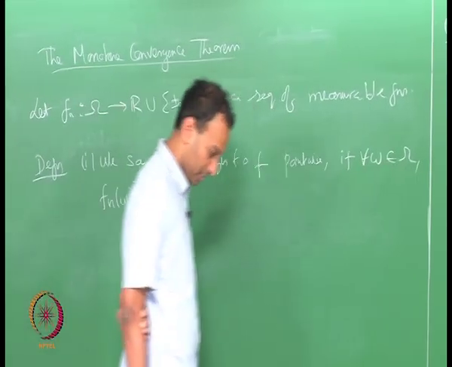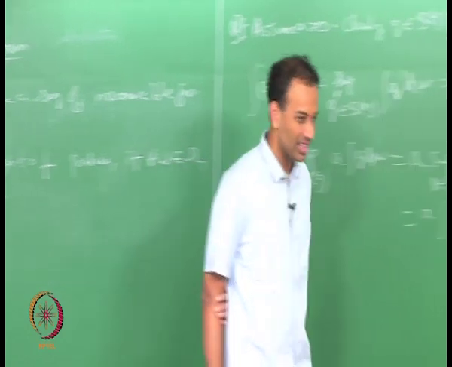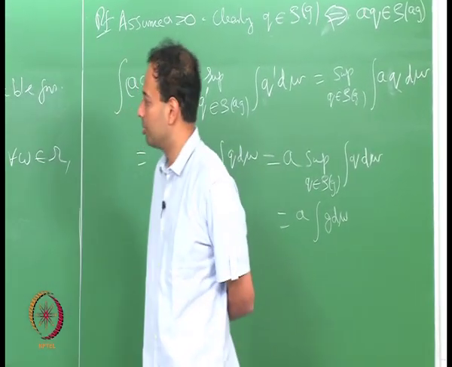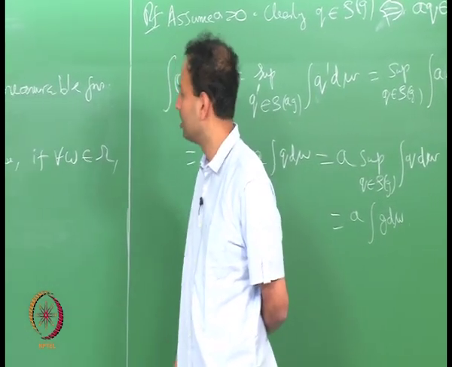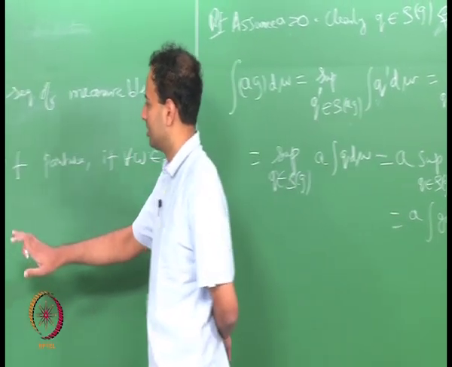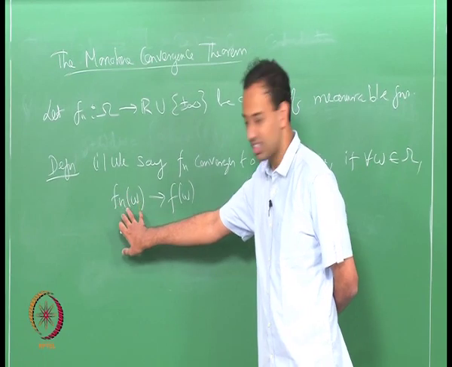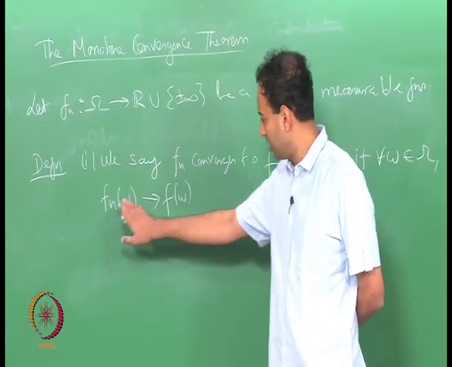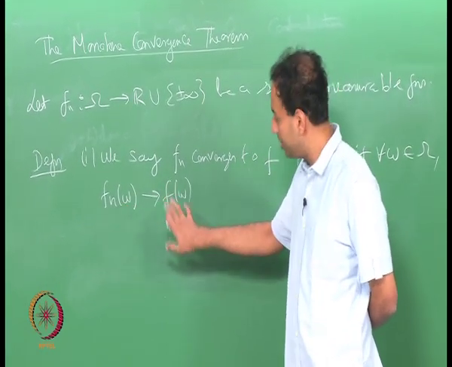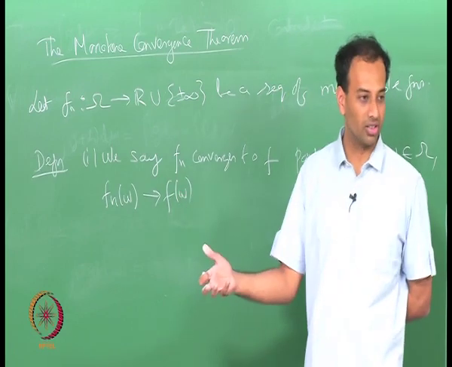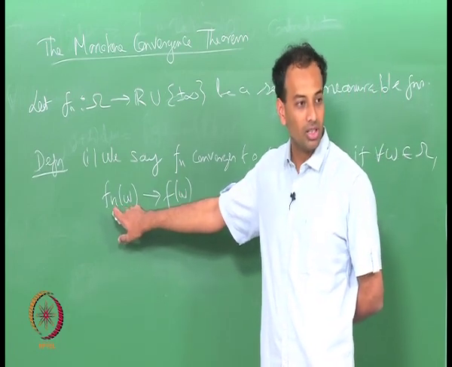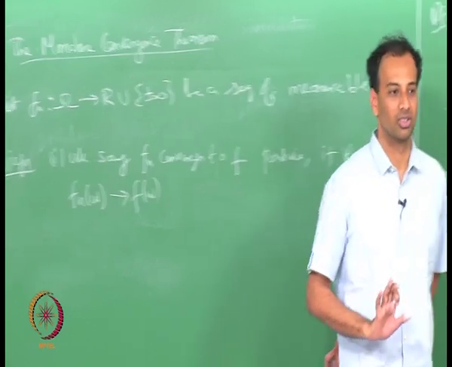The one little thing that I have not really spoken about is that if you have a sequence of functions converging pointwise, the limit function is also a measurable function. Whenever these f n's are measurable, the limit function is always measurable.